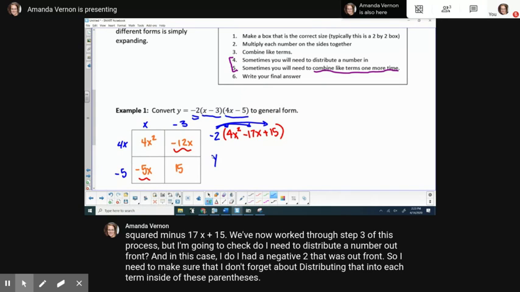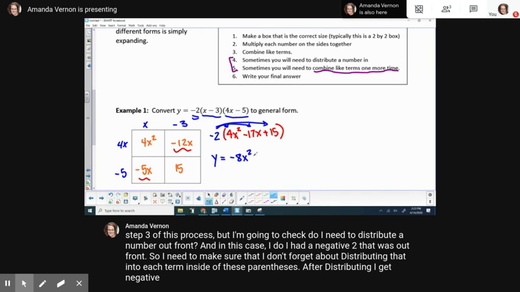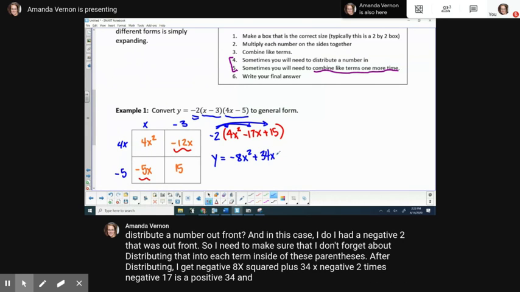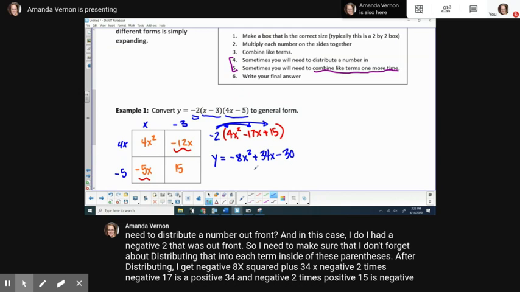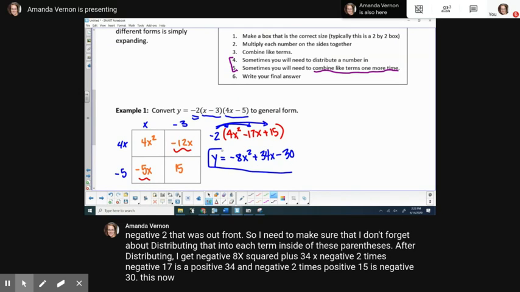After distributing, I get negative 8x squared plus 34x. Negative 2 times negative 17 is a positive 34. And negative 2 times positive 15 is negative 30. This now has turned into the general form of our quadratic equation.